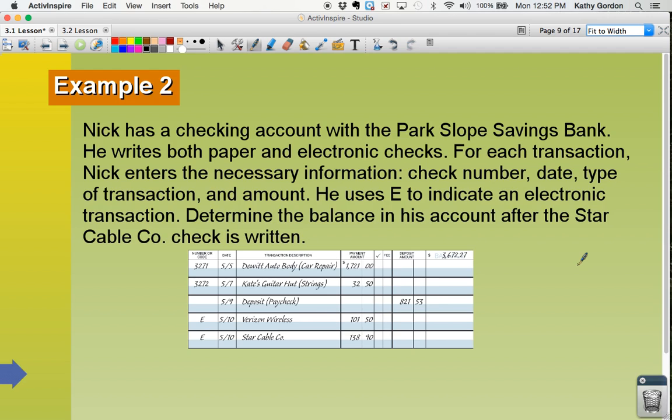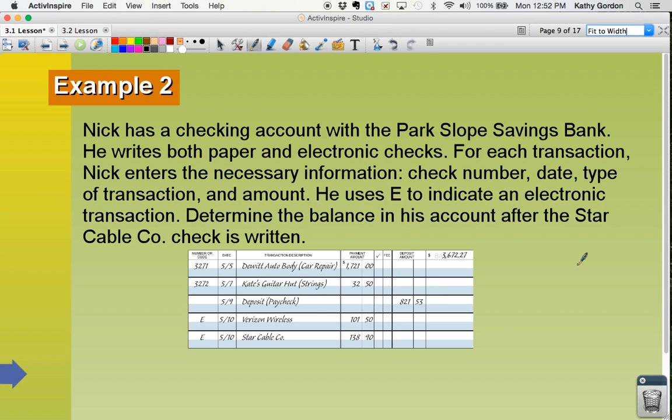And the number will just go sequentially through a checkbook. So usually, maybe it's 25 in a book, because it usually starts at like 100 to 124, and then the next checkbook will start at 125, and it'll go to 149, and so on and so forth.